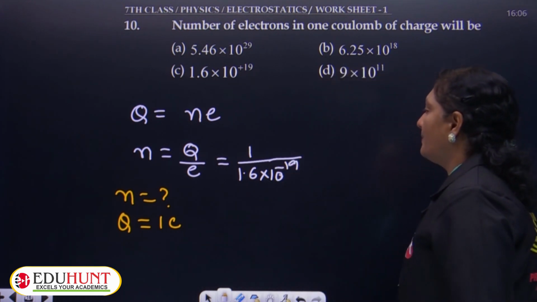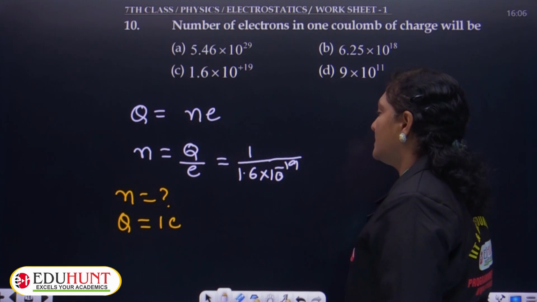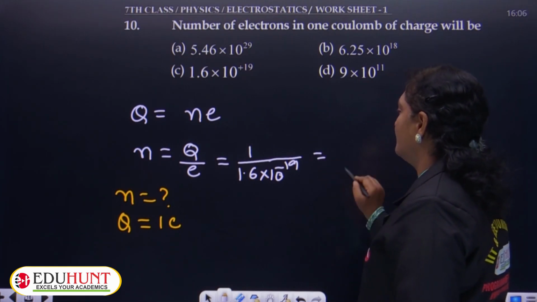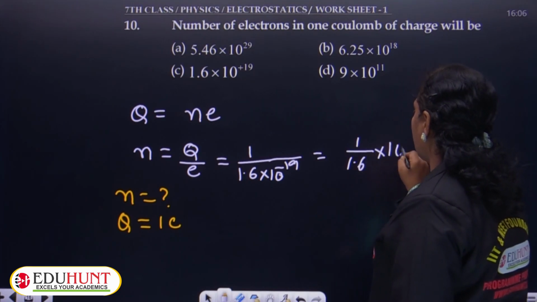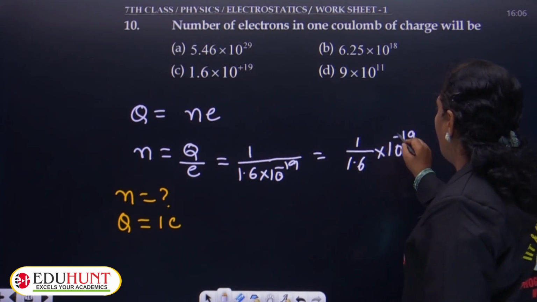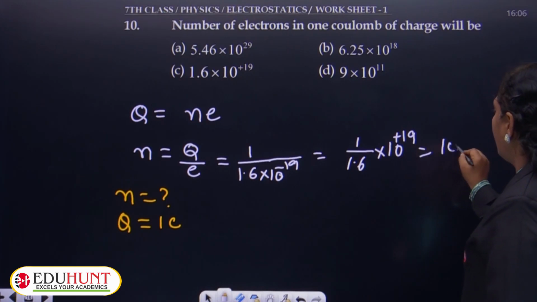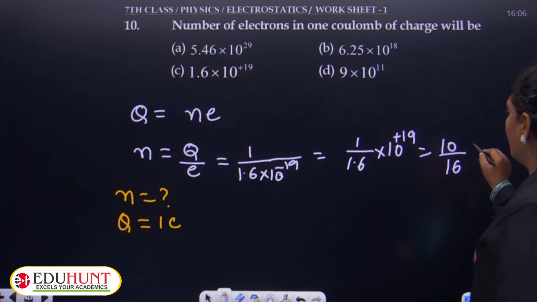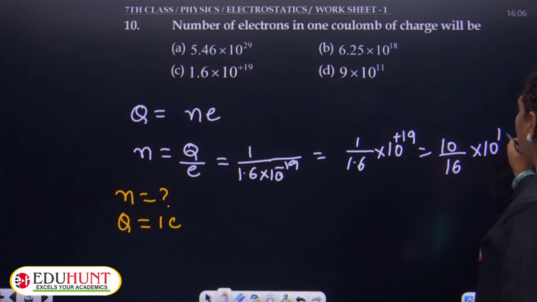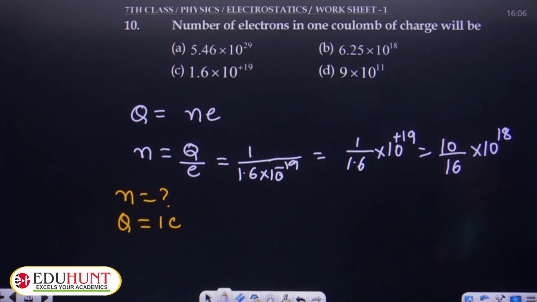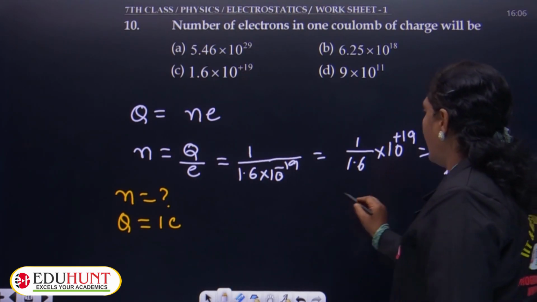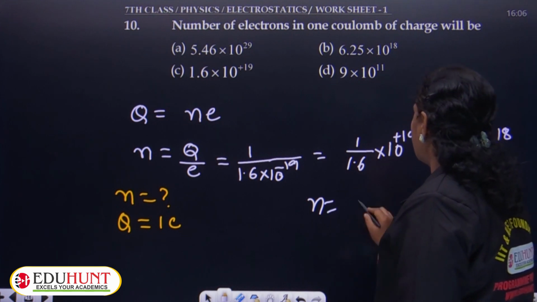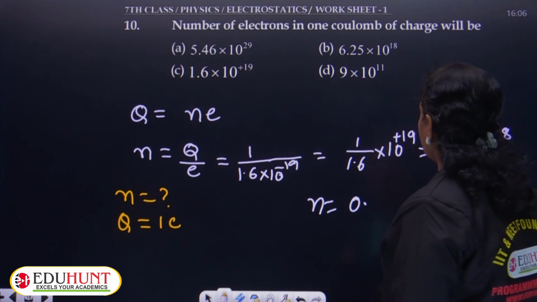So, 1 coulomb upon 1.6 into 10 power minus 19 coulombs gives 1 by 1.6 into 10 power plus 19, or 10 upon 16 into 10 power 18. So, after simplifying this, we find that this goes 5 times and this goes 8 times.